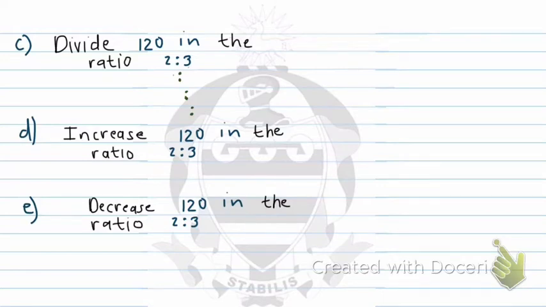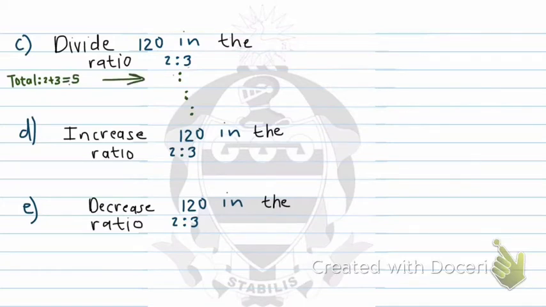They tell us at question C to divide 120 in the ratio 2 to 3. Now, whenever you hear the word divide, you must know that you have to look at all the parts together. So let's look at the total: 2 plus 3 gives me a total of 5.